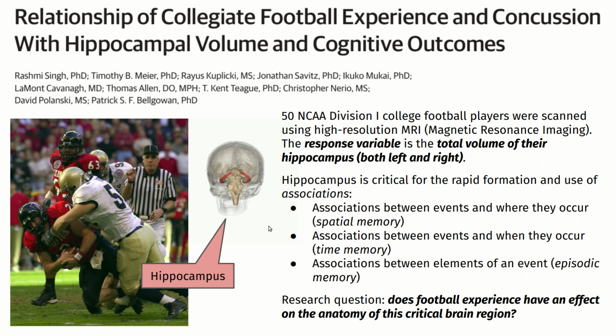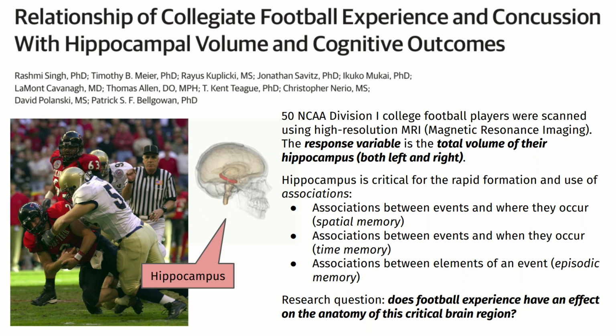And this is one of my favorite parts of the brain because it pertains to a lot of the research that I do, because the hippocampus is critical for the rapid formation and use of various kinds of associations. So it's important for forming associations between events and where they occur, which is spatial memory, associations between events and when they occur, so memory for the time of an event, and also associations between elements of an event. In other words, the things that pull together features of an event to form an episodic memory.